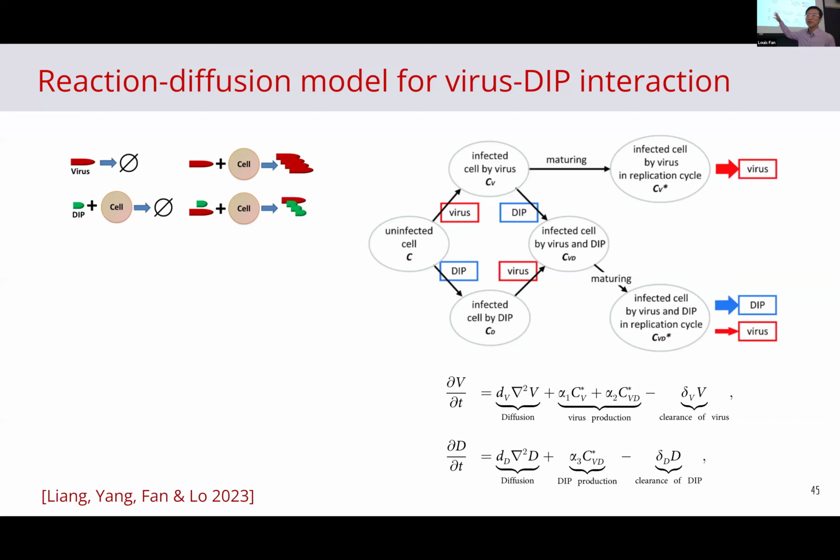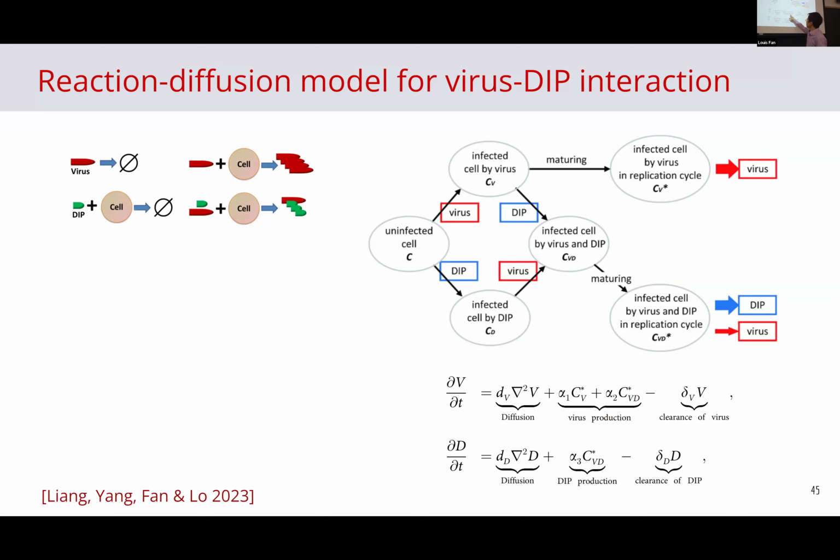Now we have a reaction diffusion equation that describes the virus and defective interfering particle dynamics using 8 equations. It's the same kind of virus, the VSV virus, and defective interfering particles, the same kind of cell line, the baby hamster kidney cells. And we look at basically the pathway of how virus and DIPs are produced. The virus density and the DIP density solve reaction diffusion equations. Empirically, we know the diffusion for the DIPs is a little faster because they are smaller.